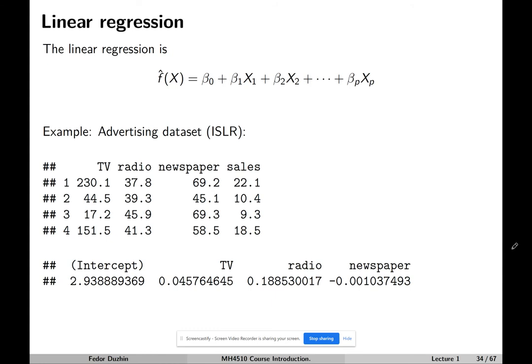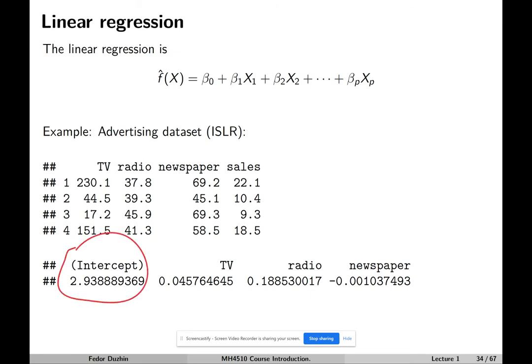So here is an example, and I'm sure that almost all of you took some form of regression analysis, and you learned how to fit linear models in R. It's just a single command in R, and what it returns is the set of coefficients.